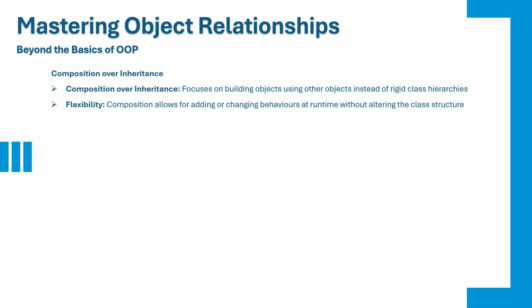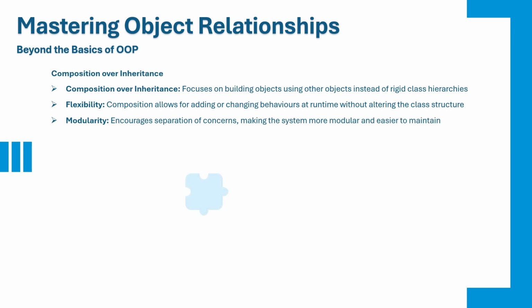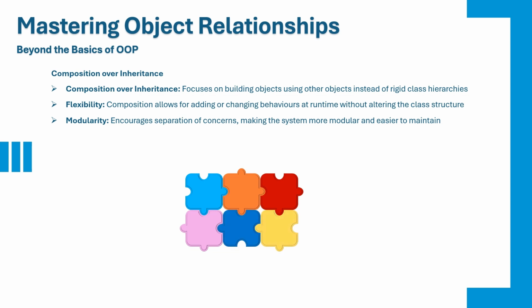Composition encourages modular design by breaking down behaviors into smaller, focused components, each with a single responsibility. You create a more maintainable and understandable codebase. This modular approach also allows different parts of your application to remain loosely coupled, making the system easier to modify and extend.